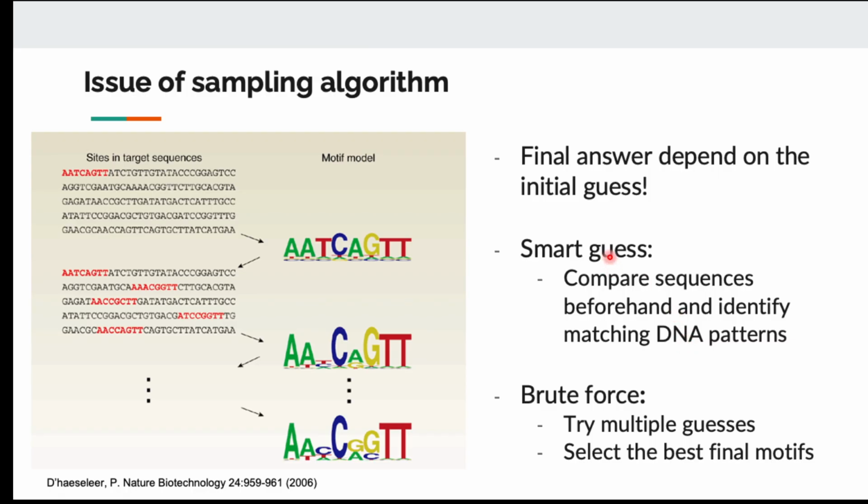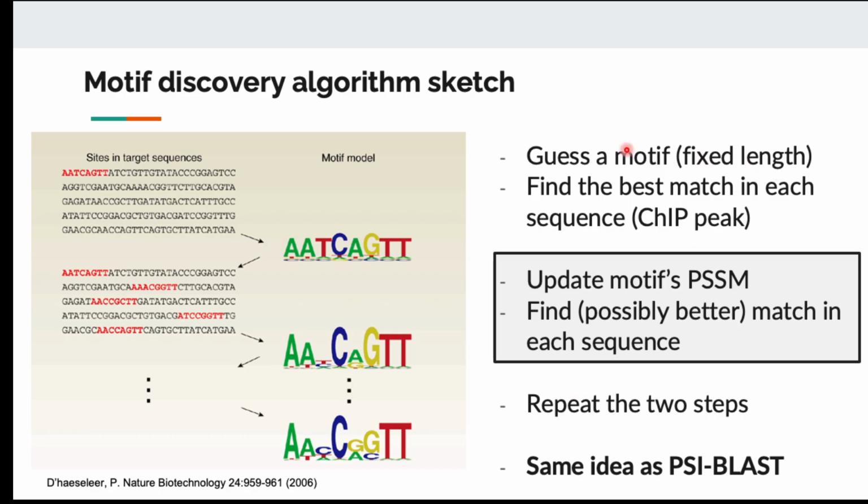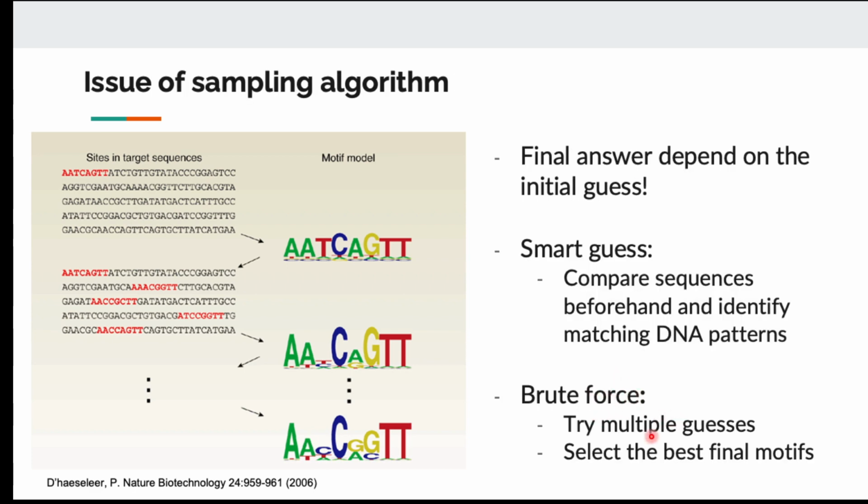So you can guess more smartly by doing sequence alignment beforehand. The other way, you can do it a brute force way. Who's to say that you have to guess only once? You can guess 1,000,000 times and run this algorithm 1,000,000 times. And hopefully in one of the million, you're going to get a good first guess that gives you the best result. So the brute force way is you try multiple guesses, and you select the best final result.